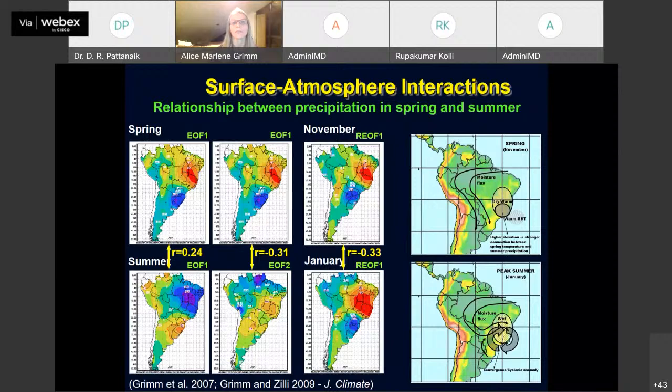There is a relationship between precipitation in spring and summer in such a way that there is a tendency to reversal of anomalies here in this core monsoon region, from spring to summer. There are significant correlations between these modes in spring and summer, and an explanation for this tendency to reversal was tested with a regional model.